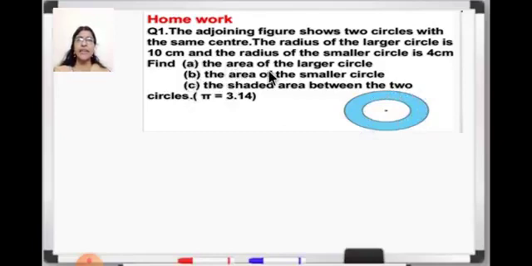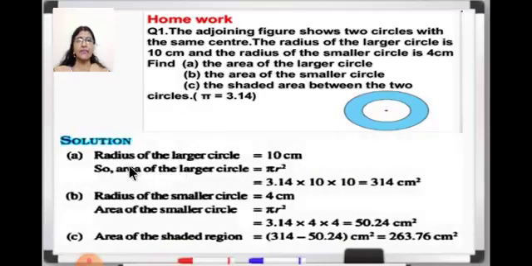First, we will find out the area of the larger circle. So this is the larger circle, and you can see here the radius of the larger circle is 10 centimeter. First, we'll write radius of the larger circle is equal to 10 centimeter. You have learned how to find out the area of a circle.